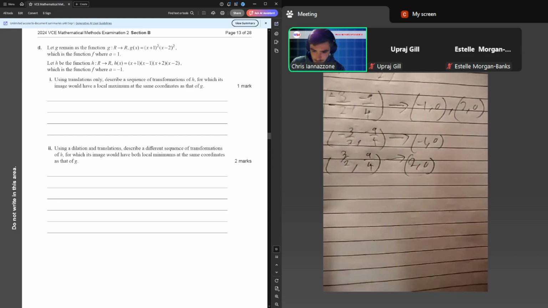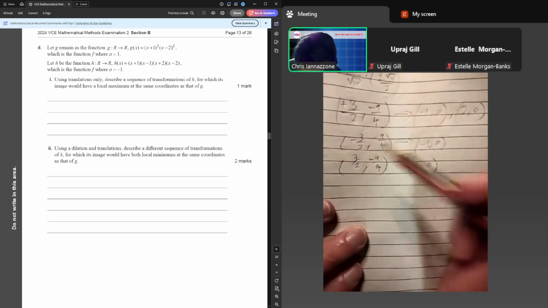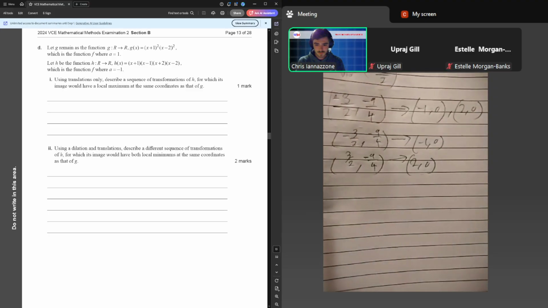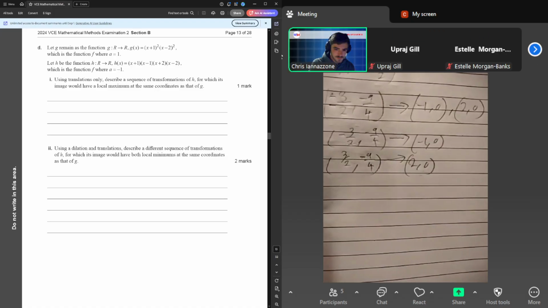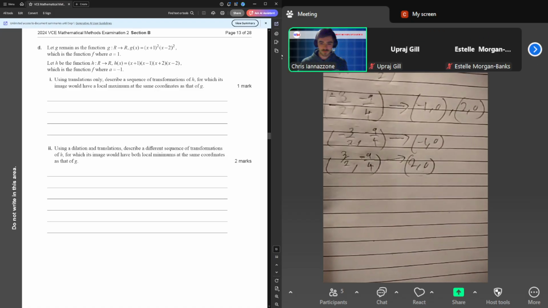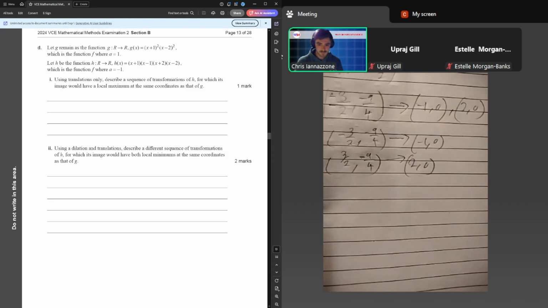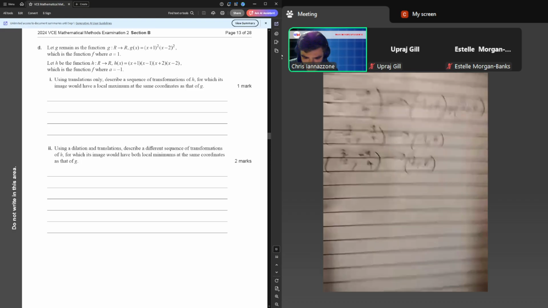Who's got one? What's one thing we can do to make it look closer? Half unit left for the negatives. Yeah. Oh, hang on. No, right. Yeah, you're right. You fixed yourself up. Cool.